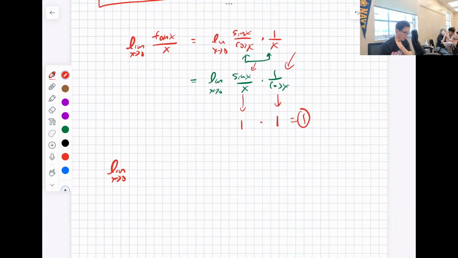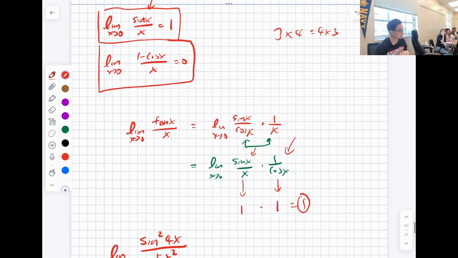Let's say the limit as x approaches 0 of sine squared of 4x over 5x squared. And you're going to be like, wait, how does this one work? This looks very much like the first one, except it's a little bit changed.